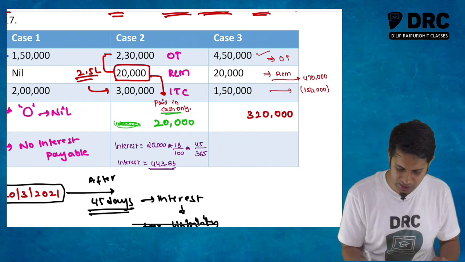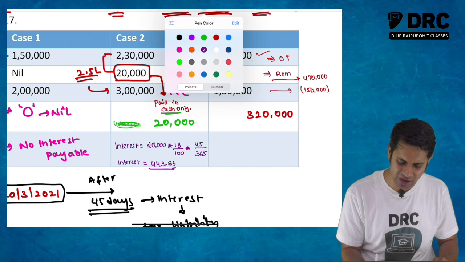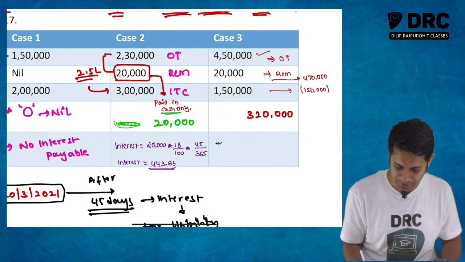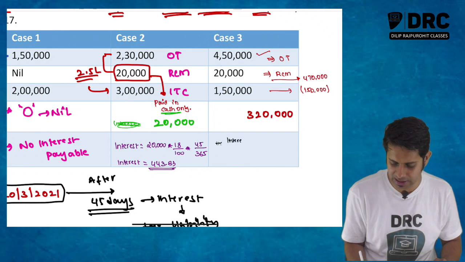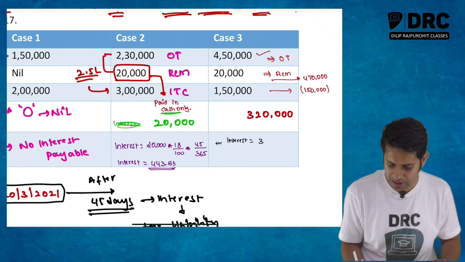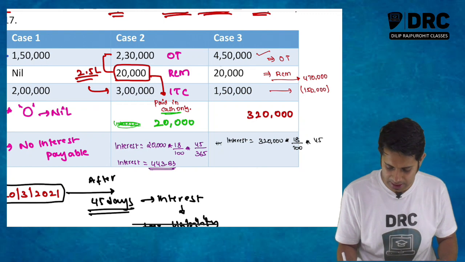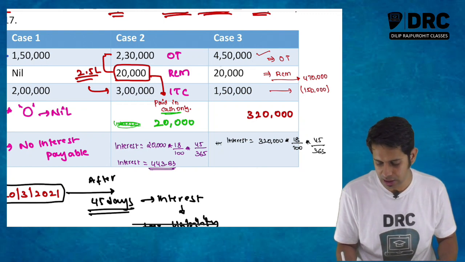Now, what is the interest amount, sir? Interest is very simple. You only do the calculation. What is the interest? Interest is equal to 3,20,000 into 18% into 45 divided by 365.